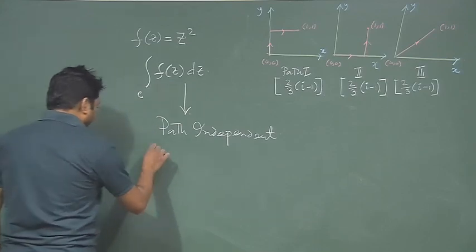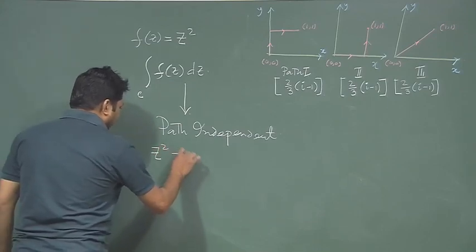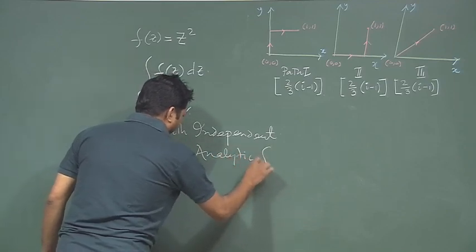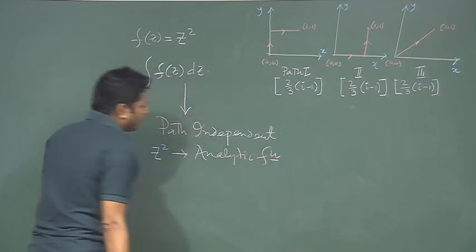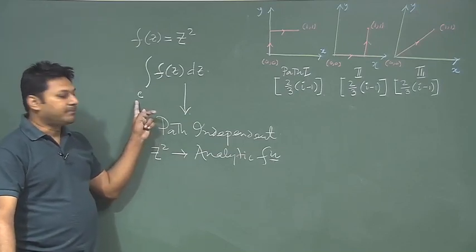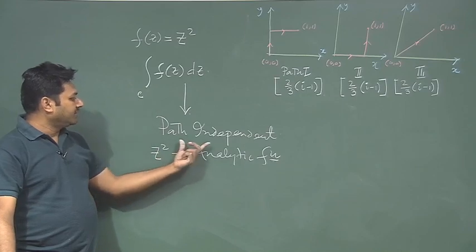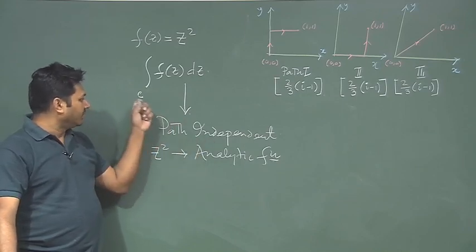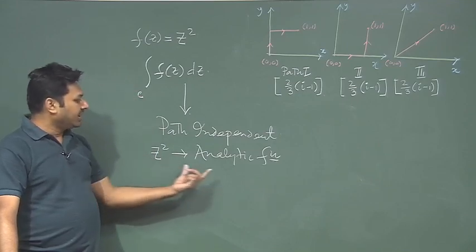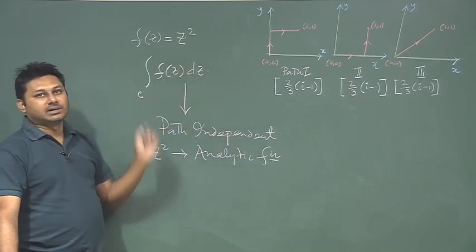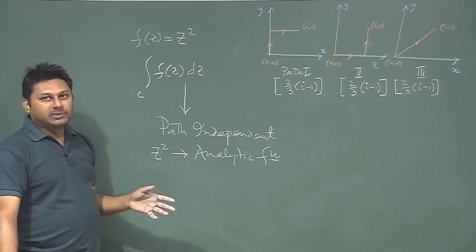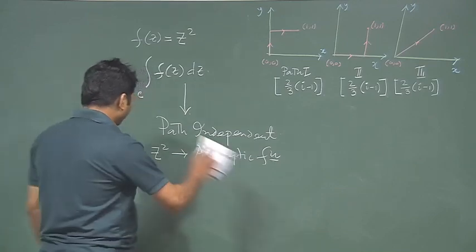Since this is an analytic function, the integration of an analytic function over a path does not depend on the path at all. So, it depends only on the initial and final value. Since z square is an analytic function, we have this property, but if I took a different function, then things may not be the same. So, let us try to do that also.